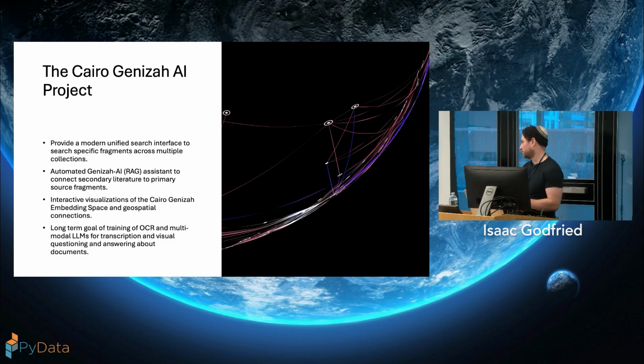The idea is to provide a modern search interface to search specific fragments across all the different collections, create a RAG assistant that unites the primary source fragments with the secondary scholarly literature, and have interactive visualizations of the embedding space that people can browse, and long-term try to train OCR and multimodal LLMs for transcription and visual question answering on these documents.